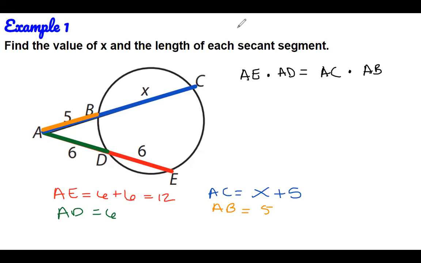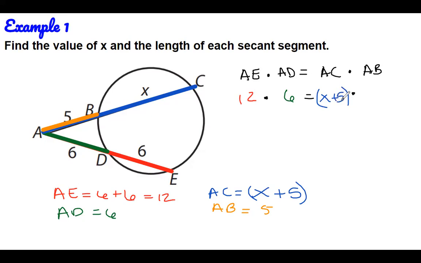What is AE? AE is 12. Multiplied, equals, and multiplied. What is AD? 6. What is AC? X plus 5. Notice here that this factor has 2 terms. So what do we have to do? We have to put it in parentheses.